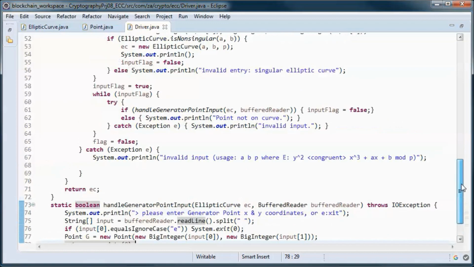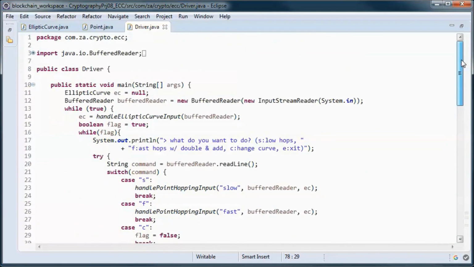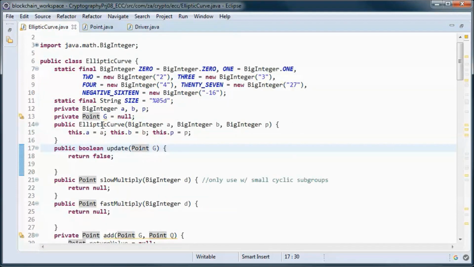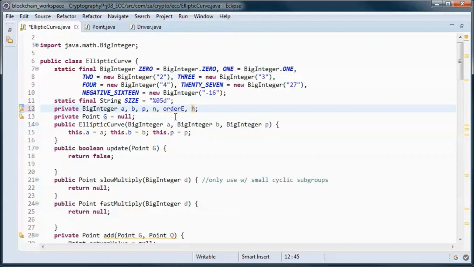So now let's go up here and actually let's go here and add n and the order of E and the cofactor h.